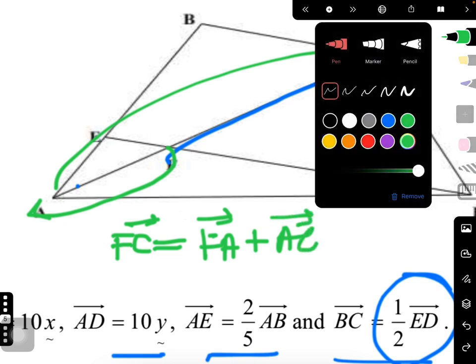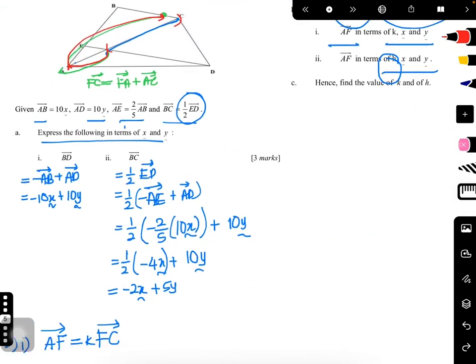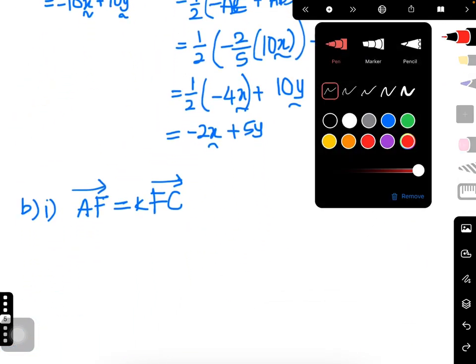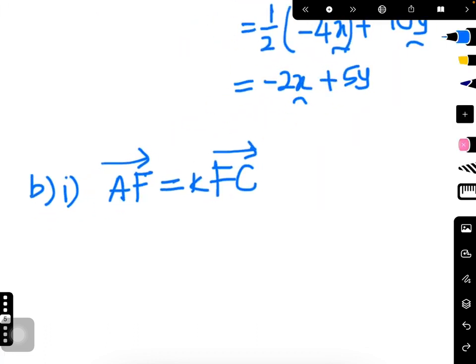Okay, I repeat it again: F to A and A to C. That's how we get FC. Okay. Let's continue. That means that we get KFA plus KAC.